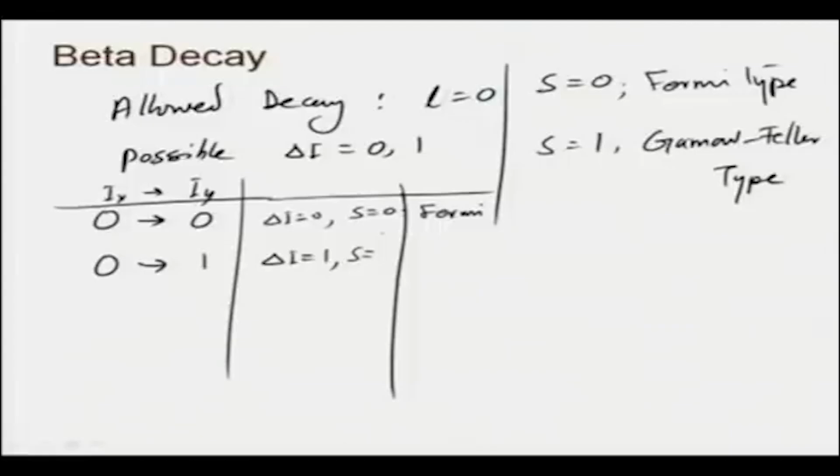Okay. So, it is delta S is equal to, and that will be a mixed type.